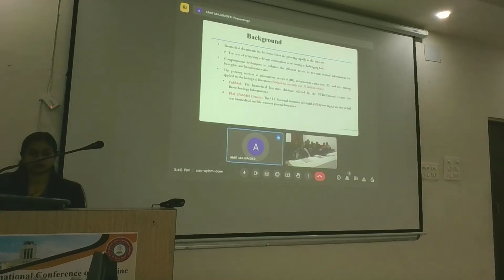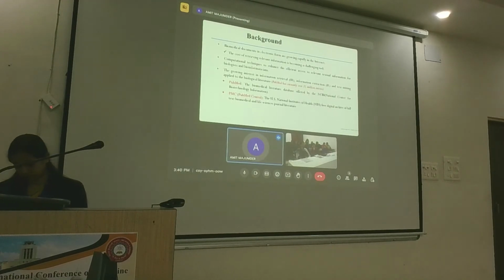So I already mentioned that the two main databases are these, which contain articles either in abstract format or in full text format. PubMed is one important database which contains data related to the biomedical domain, and there is PubMed Central.